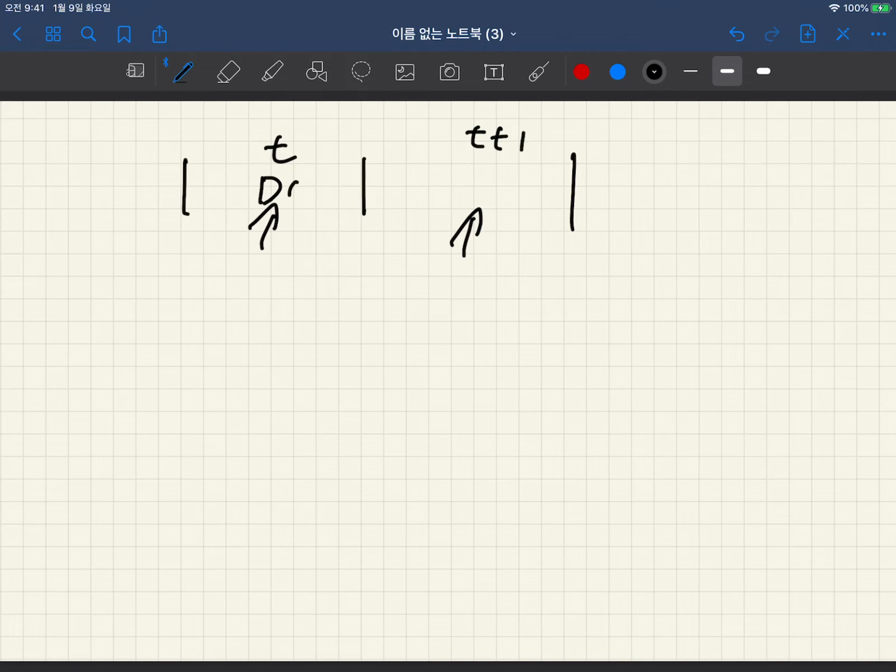Let's say d_t is the data point we sampled for the t-th iteration, and d_{t+1} is the data point for the update at t plus 1. Essentially, every time there is no overlap between d_t and d_{t+1}. Then we can think of the stochastic gradient descent update rule like this.